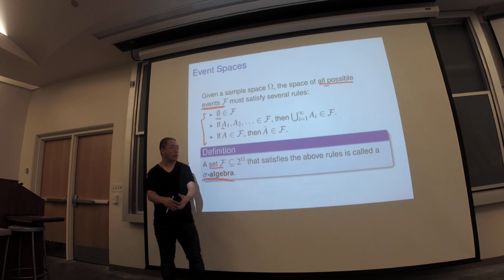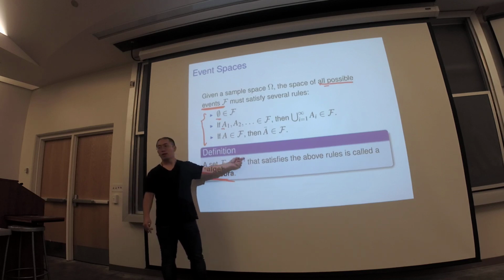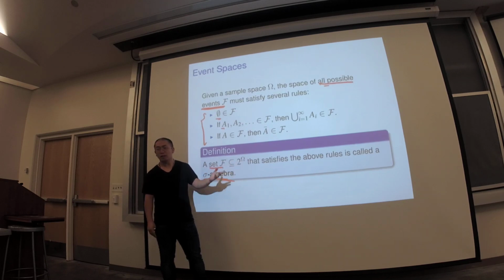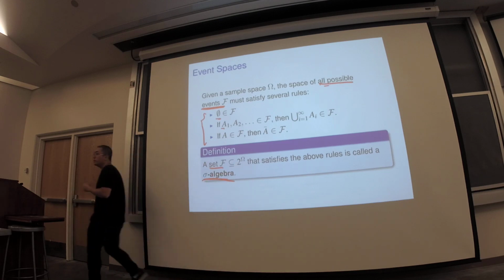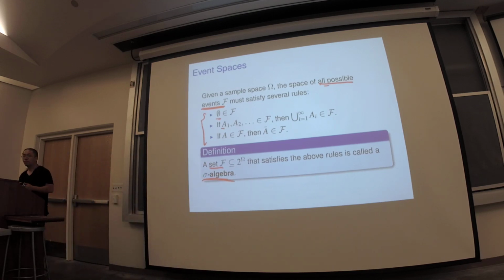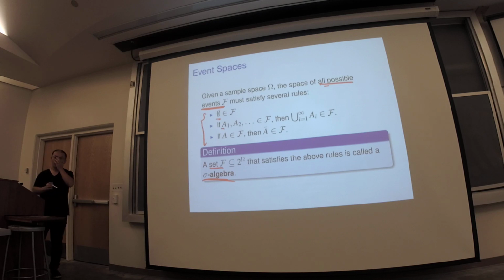You combine them together, and you get the complete collection of subsets of omega. And this one is for sure a sigma algebra. But in many cases, it's not necessary for you to use the full collection of events. Any question? What happens if omega is not finite? Doesn't matter. We're talking about theoretical properties.